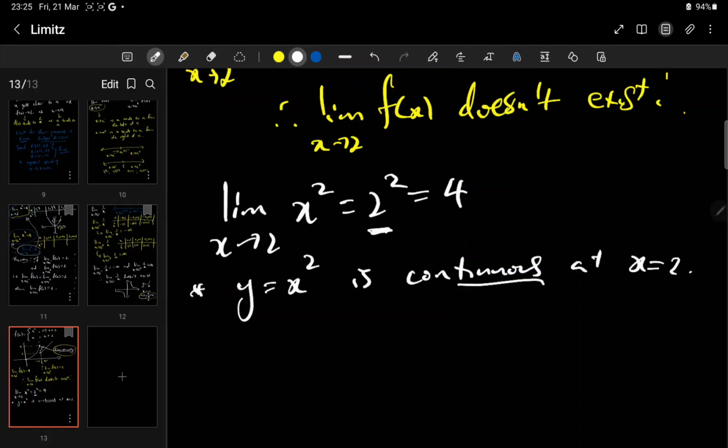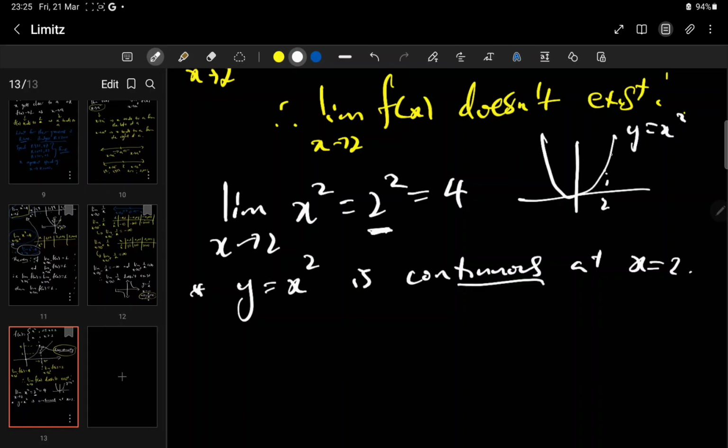The concept of continuity, or when we say that a function is continuous at a point, means that if you're plotting that graph, there is nowhere where you lift the pen. The graph is continuous, it just goes. For example, for y equals x squared, at the point 2 there is continuity, the line is solid.